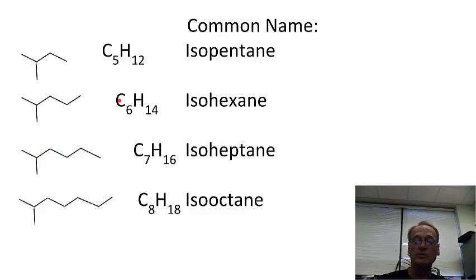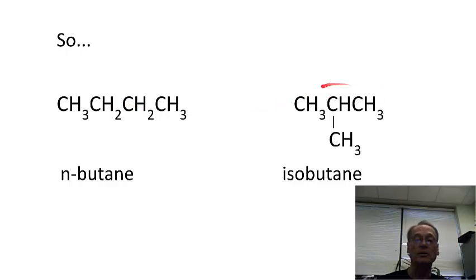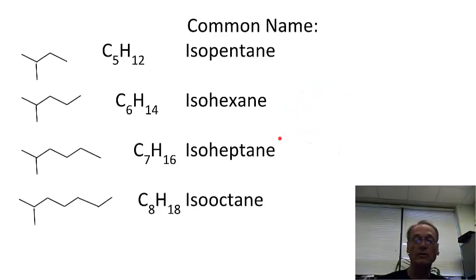Now, one thing to notice in all of these molecules, whether it's isobutane, total of 4 carbons, so butane means 4. It's 3 in a row with 1 coming off it, but it's a total of 4. Isopentane has a total of 5 carbons, so C5H12, exact same formula as what we saw a minute ago for N-pentane, C5H12, but they're arranged with 4 carbons in a row and then 1 attached to it.